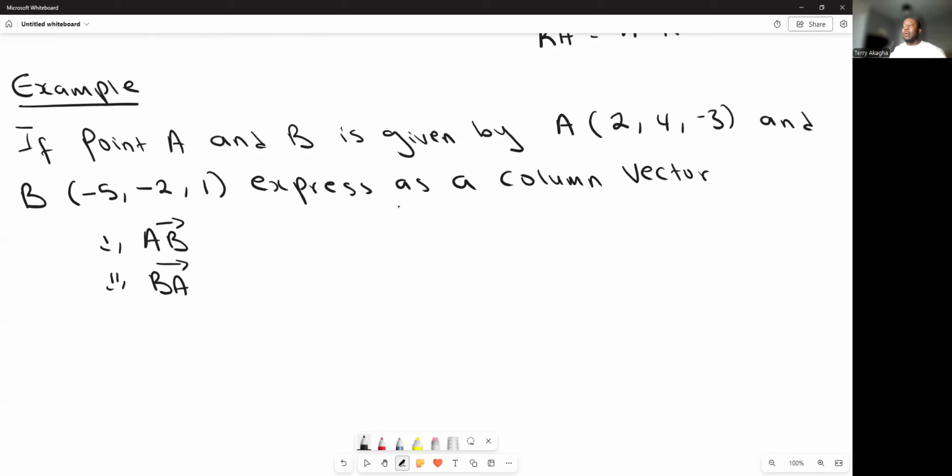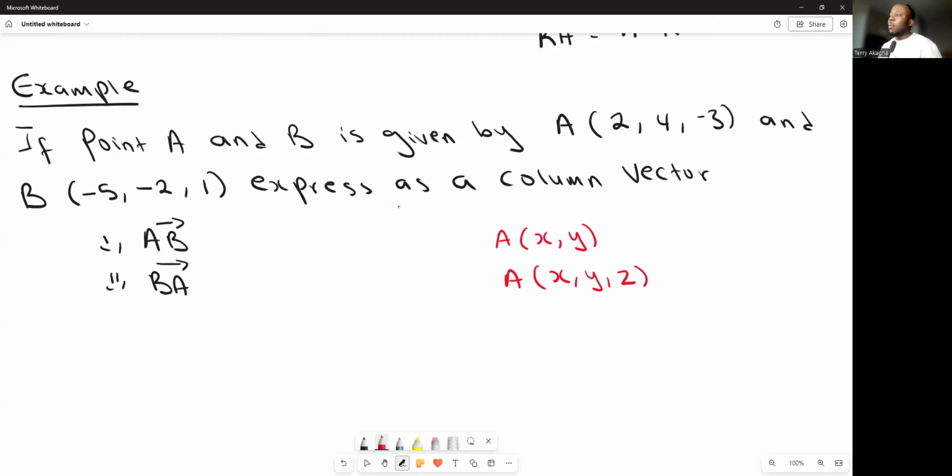I know I've not talked about column vectors yet, but it's still exactly the same thing. I have a video for that down the line, but I just need to introduce this here quickly. If you have a vector A, the first one is the X component, the second one is the Y component. If it's a 3 component vector, it's going to be X component, Y component, and Z component.